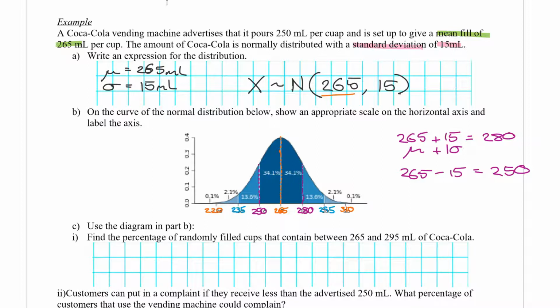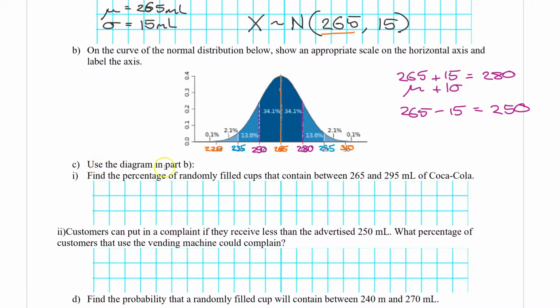Well, what does that mean? Well, remember that this is represented by 0.13, so 0.13% are going to be less than 220 milliliters when poured. Okay. Now, jumping into a few questions.